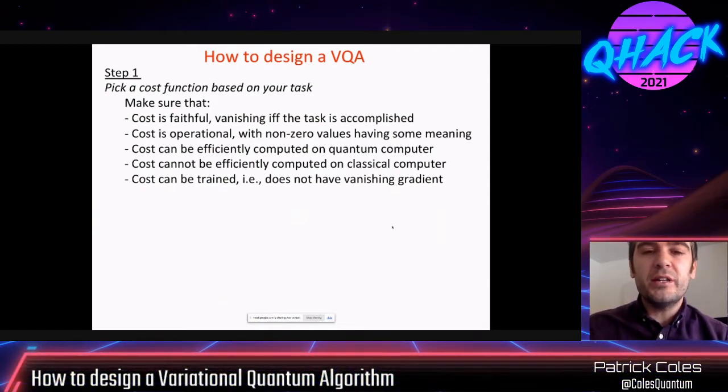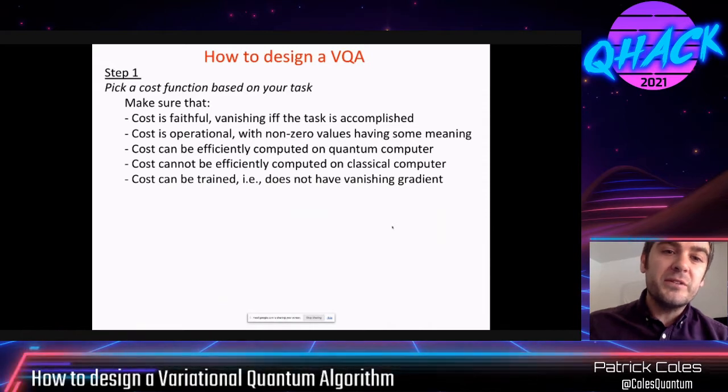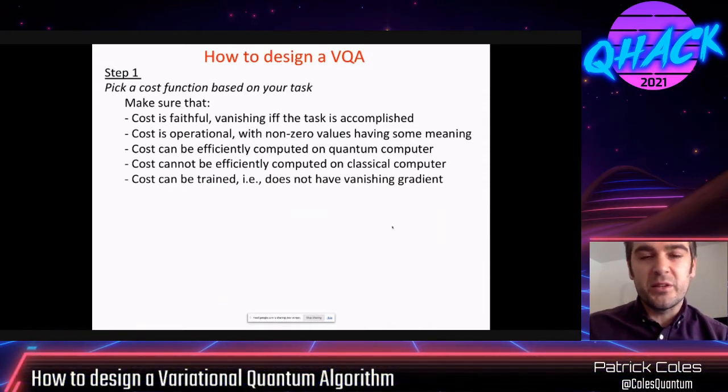But you also want non-zero values to have some meaning, because you're not going to, of course, reach a value of 0. That's what we call an operational meaning for your cost function. And then you also want the cost to be efficiently computable on a quantum computer, but not efficiently computable on a classical computer, because otherwise there'd be no point of using the quantum computer.